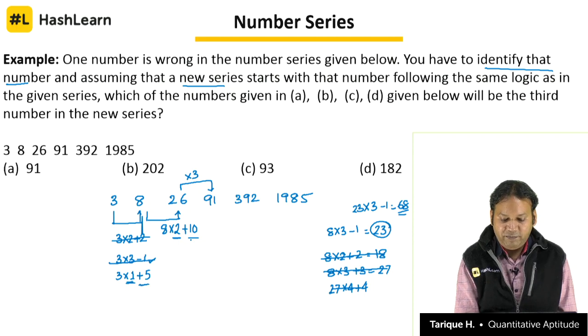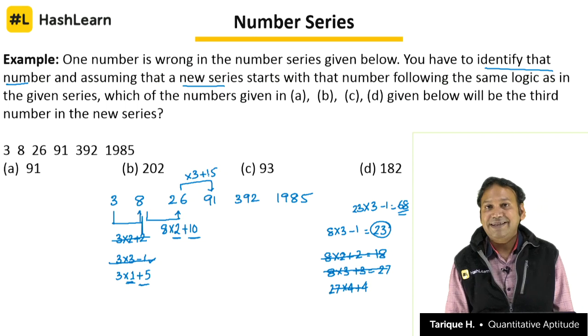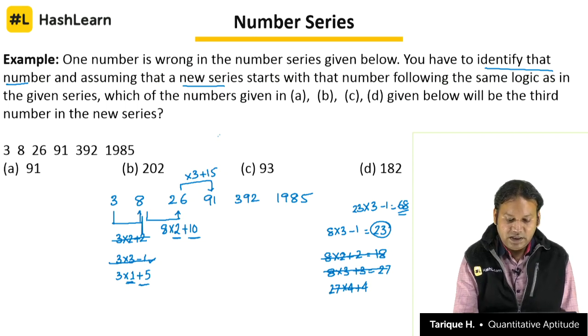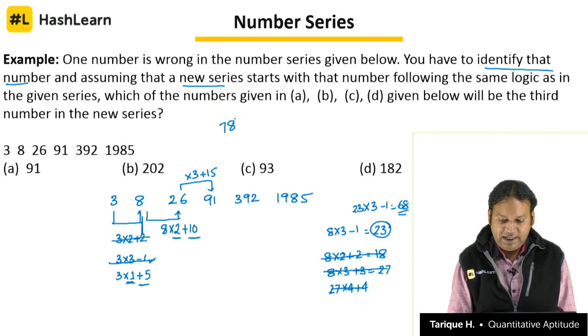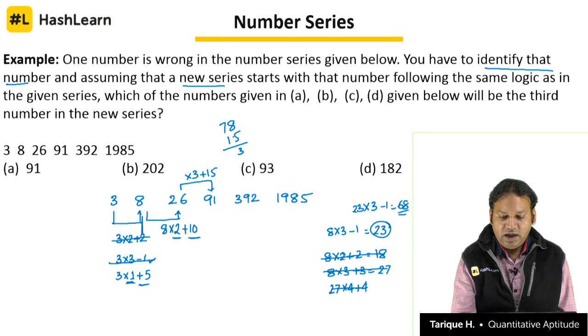The next one should then be into 3 plus 15. What is 26 into 3? 26 into 3 is 78, and 78 plus 15 gives you 93.